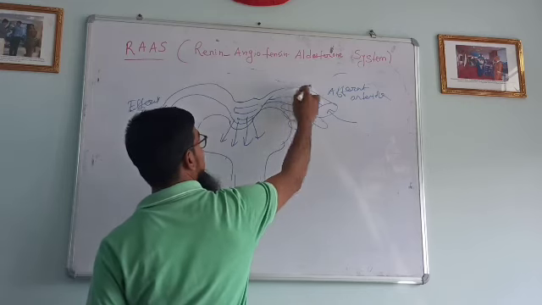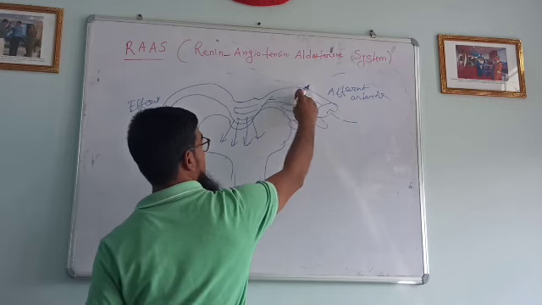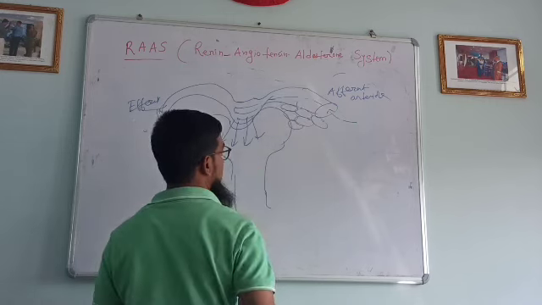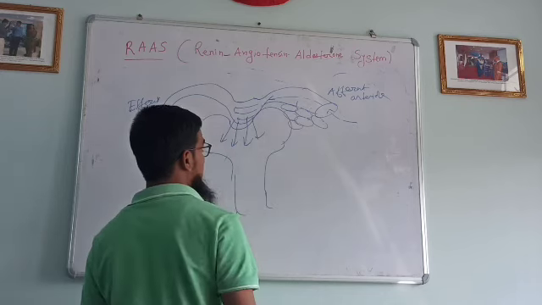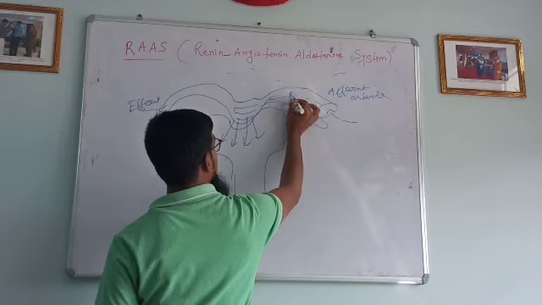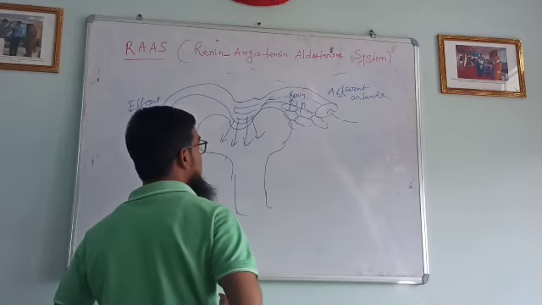When there is decreased blood circulation and the pressure on these smooth muscle cells decreases, this cell releases renin.